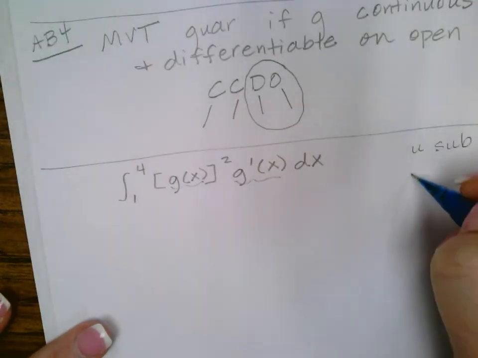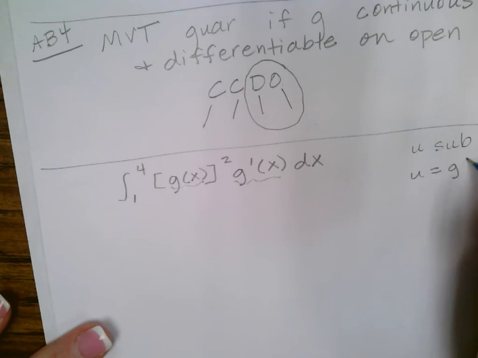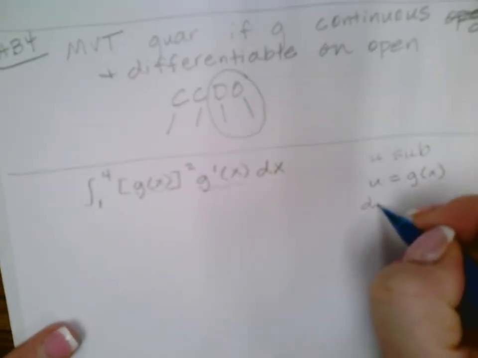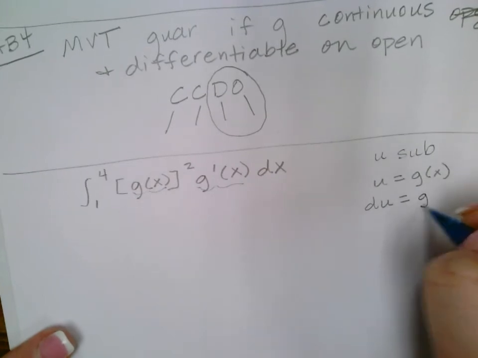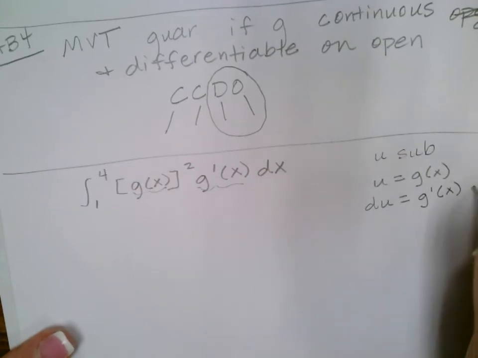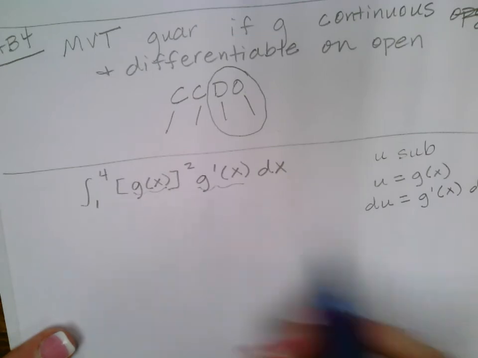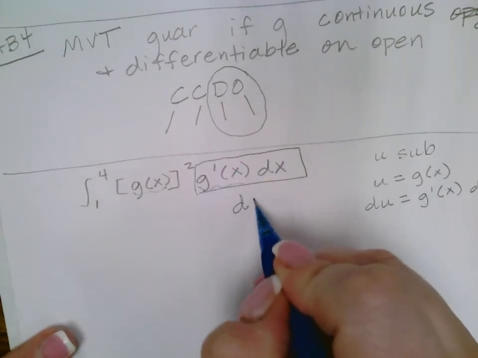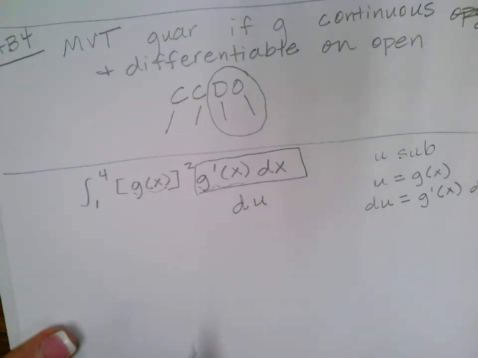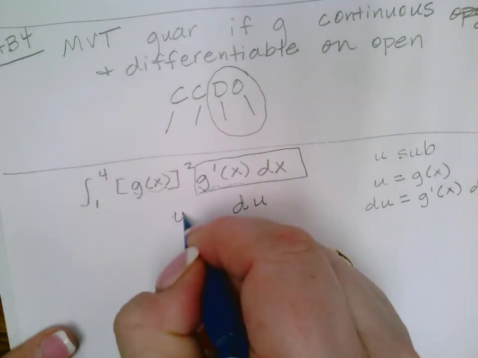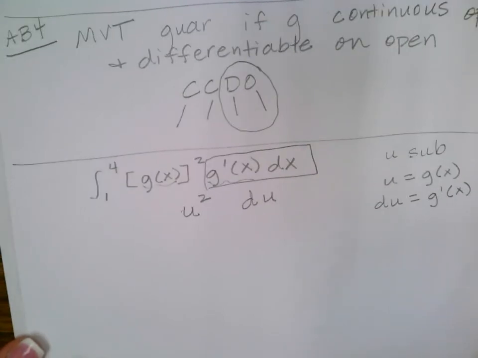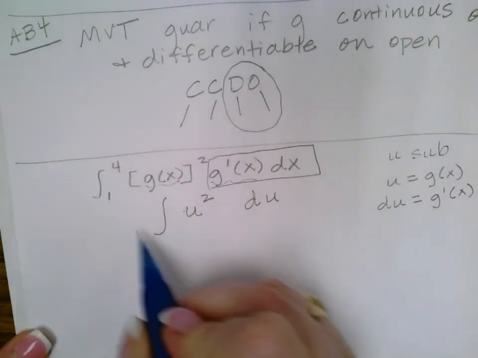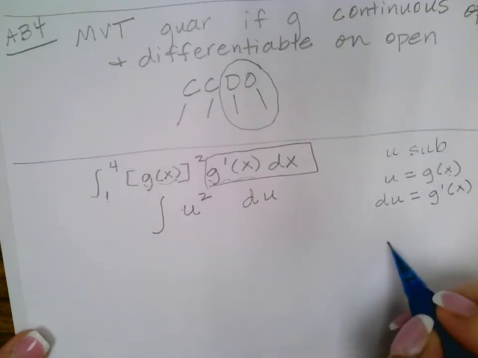So if I were to let U be G of X, then the derivative of U would be G prime of X dx. Well, I have that. That part would be my du. G of x being my u would make that u squared. And I would have to change these bounds. I would have to take the 1 and plug it in here.